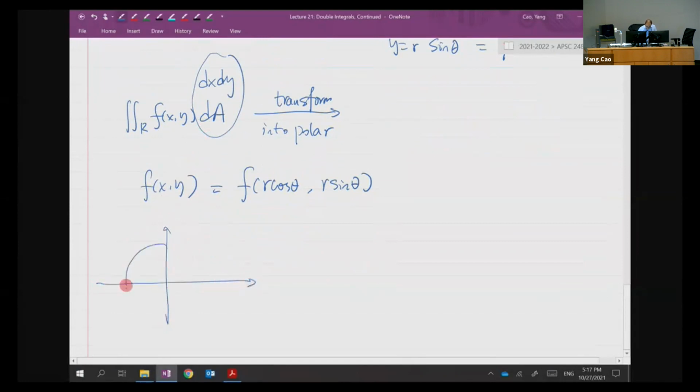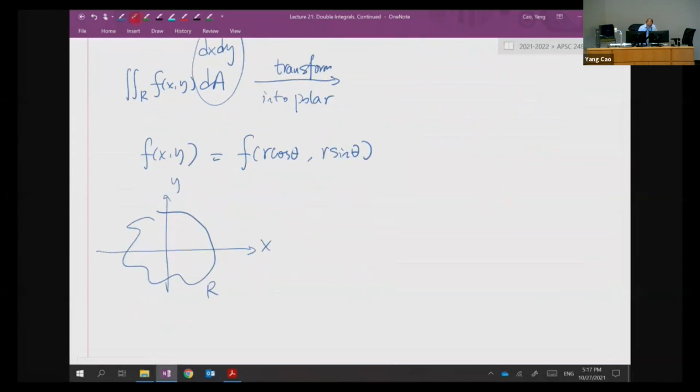So let's say, for example, you have a region R. The way dA is created is like this. You slice or section off this R using horizontal and vertical lines. You slice them off, and then you create as many small patches as possible.